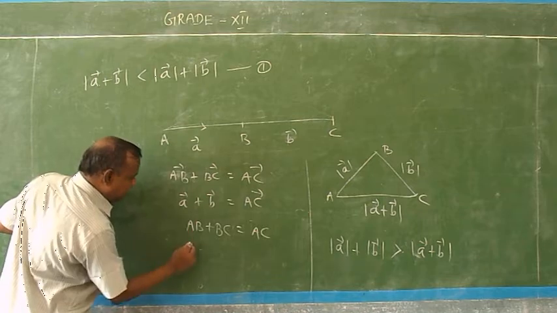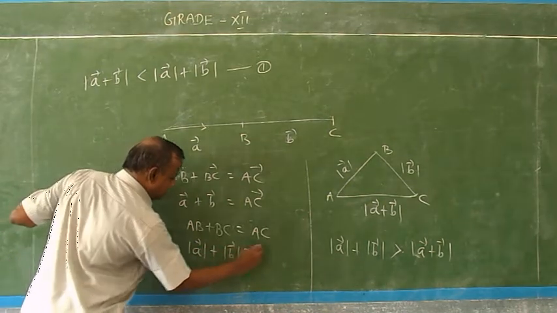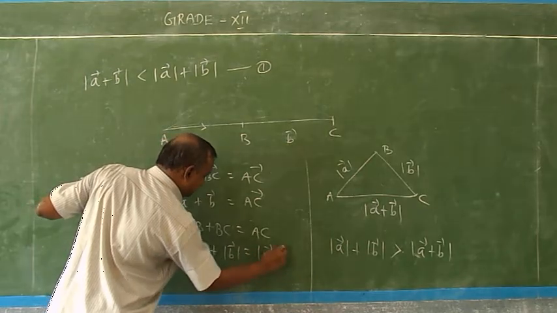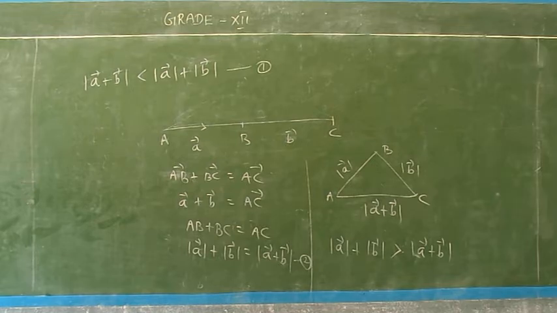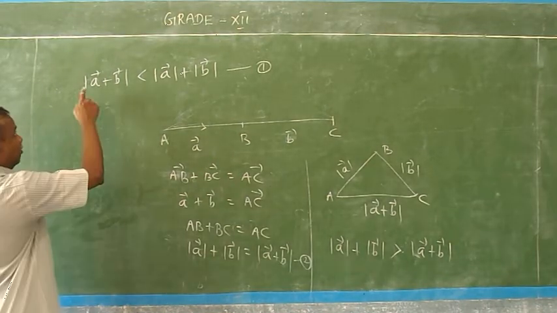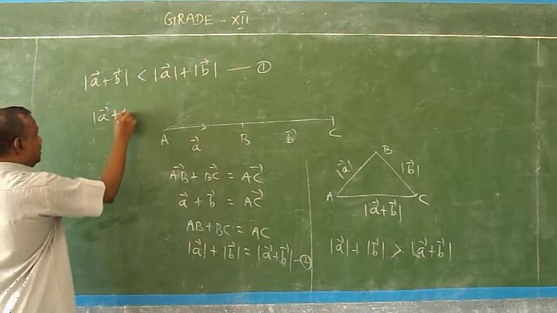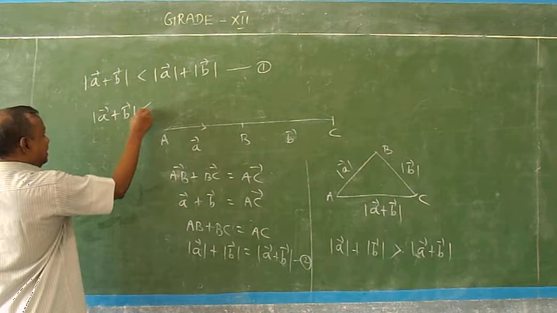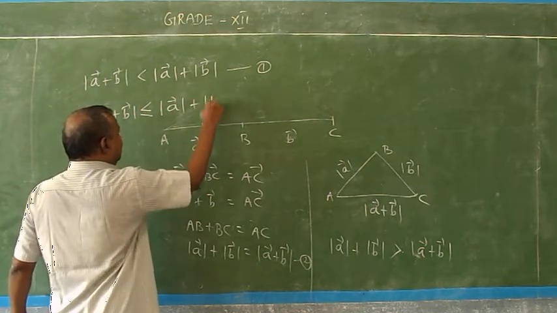Here in this case, modulus of a vector plus modulus of b vector is equal to modulus of a vector plus b vector. Say this is 2. Merging 1 and 2, generally modulus of a vector plus b vector is always less than or equal to modulus of a vector plus modulus of b vector.